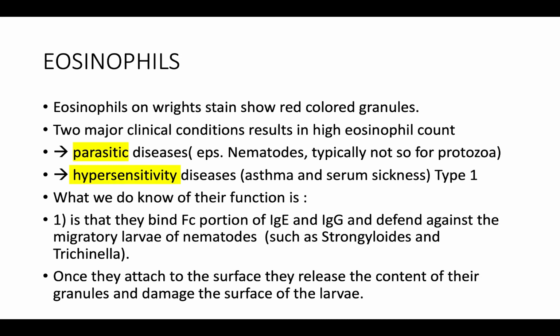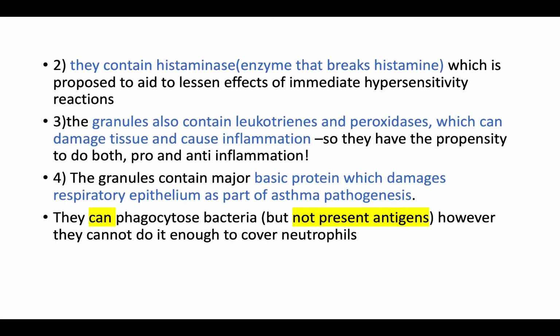So what do we know of their function? They can bind the Fc portion of IgE and IgG and defend against, for example, larvae or parasites, and they can release their content on these parasites and kill them. And they contain histamine, which has the effect to aid in the control of the immediate hypersensitivity reaction of histamine.